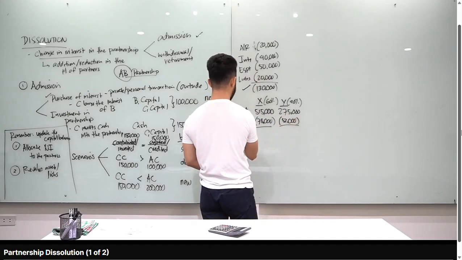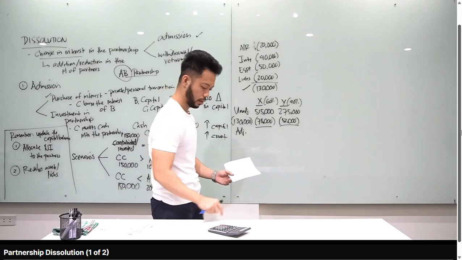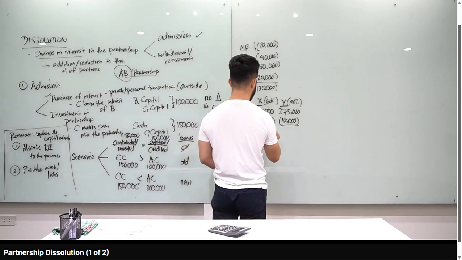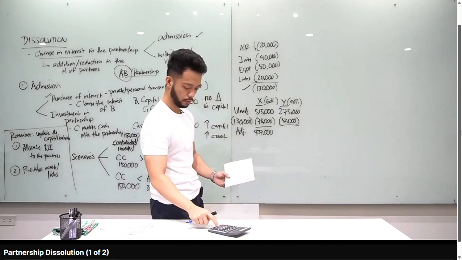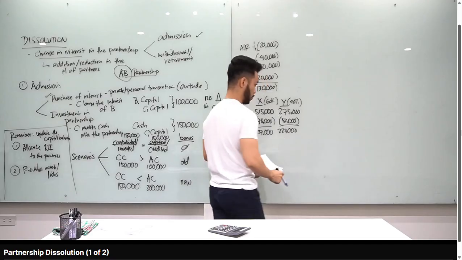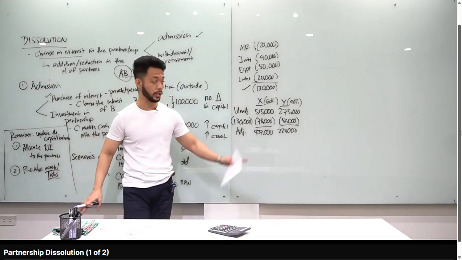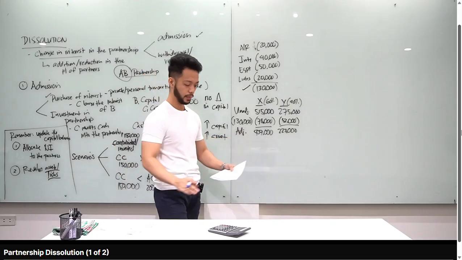Okay, so let's compute the adjusted balances of the partners. 515 minus 78,000, you get 437,000. And for partner Y, 275,000 minus 52,000, you have 223,000. This is the first step. Okay, so we marked to market first, which is this, revalue assets and liabilities. So when there is a net income given in the problem, allocate it to them too. Right? Since there is none, that's okay.